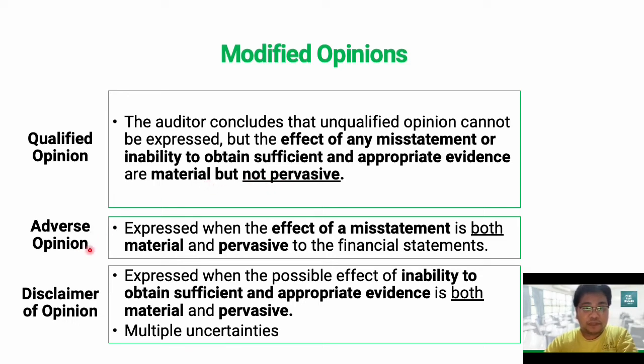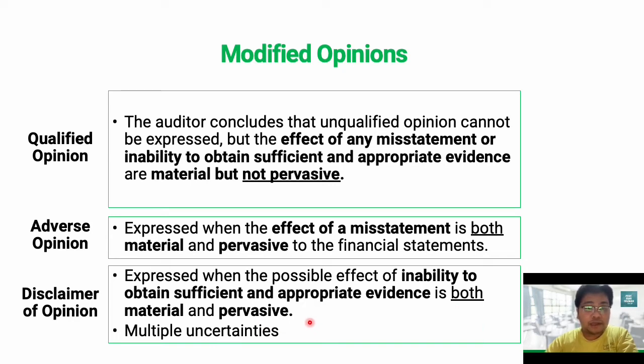We issue an adverse opinion when the effect of misstatement is both material and pervasive to the financial statements. Because if it's only material but not pervasive, then we only issue a qualified opinion. And finally, we express a disclaimer of opinion when the possible effect of the inability to obtain sufficient and appropriate evidence is both material and pervasive.